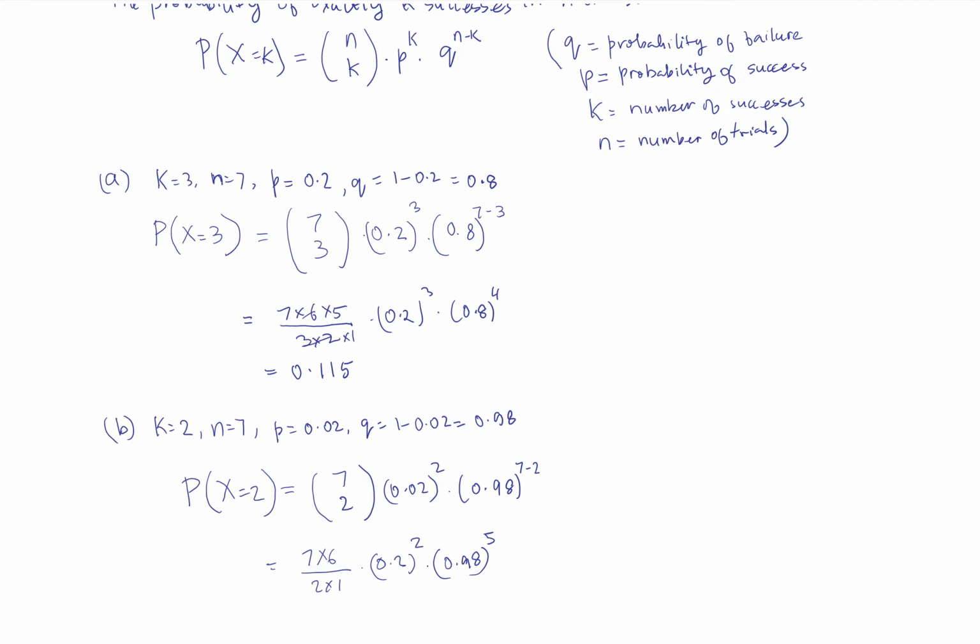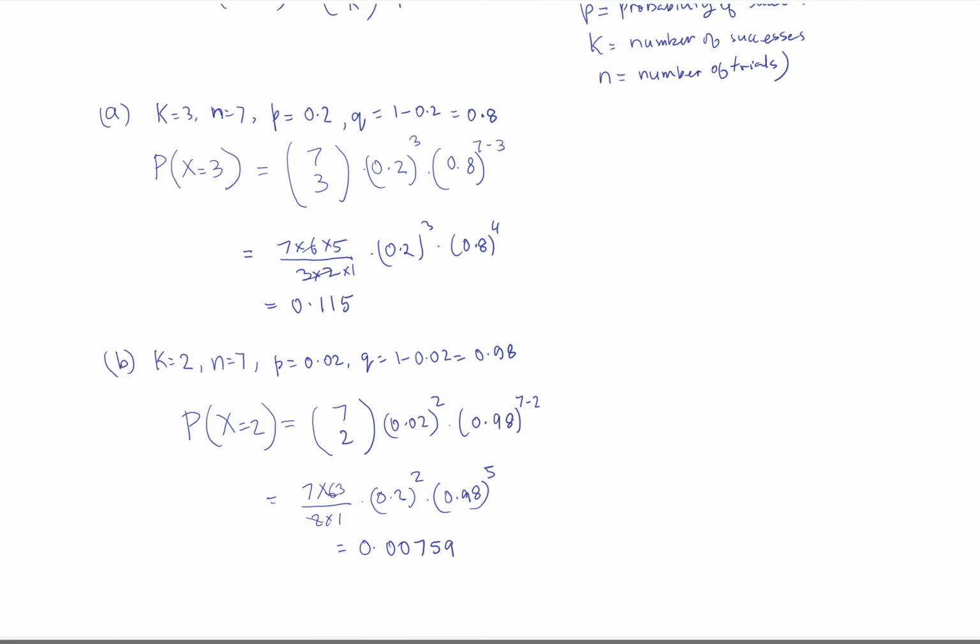And this will give me 21 times 0.02 squared times 0.98 to the power 5, and that is going to give me 0.00759, and that is the answer.